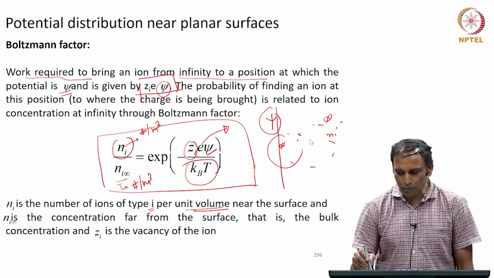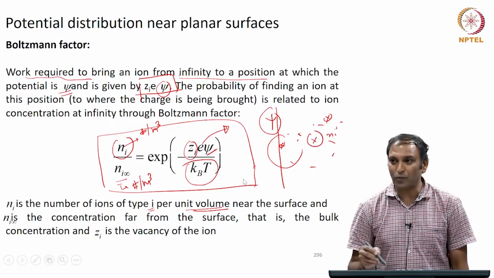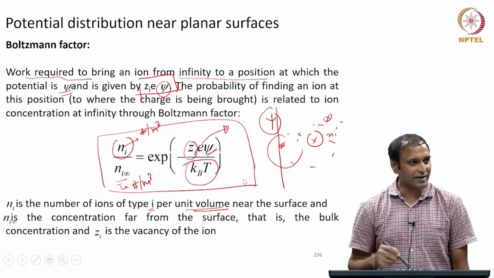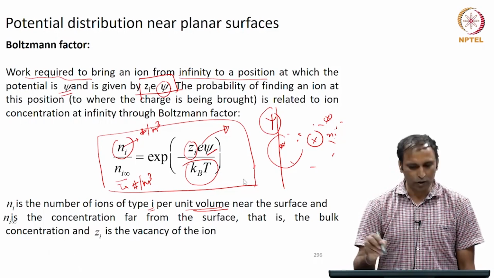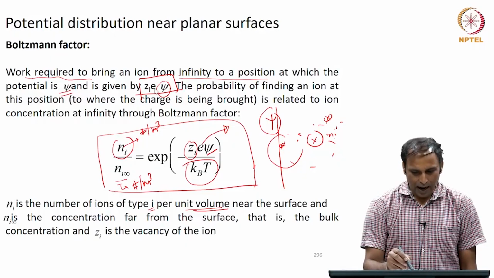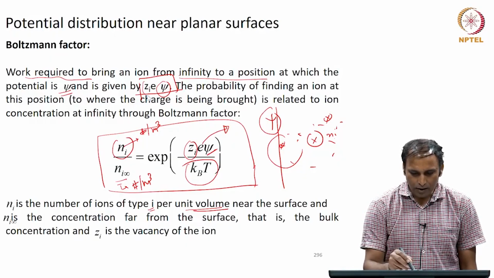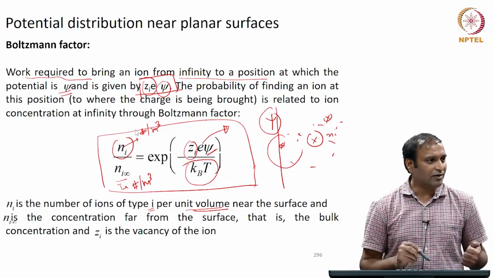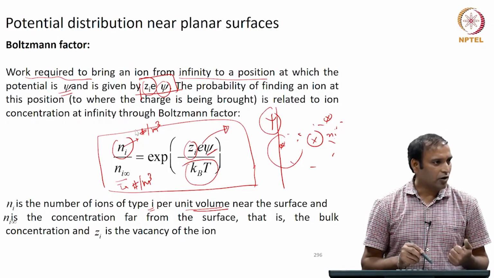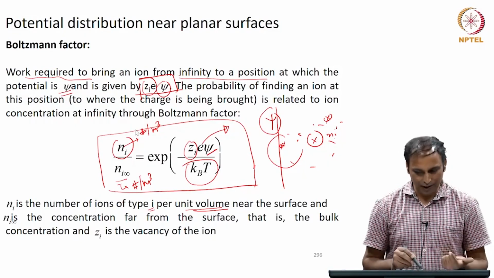This psi is the potential at the location where you want to move the charge, and it also depends on the valency of the ion, whether I have a monovalent ion or a divalent ion.